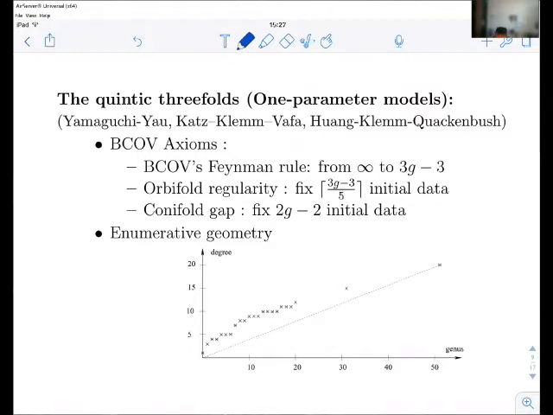Then the orbifold regularity will fix 3G over 5 initial data. And further, the conifold gap will fix 2G minus 2 initial data. So this means that by the BCOV axiom, we reduce from infinity to 2G minus 2 over 5 initial data. This is this line.